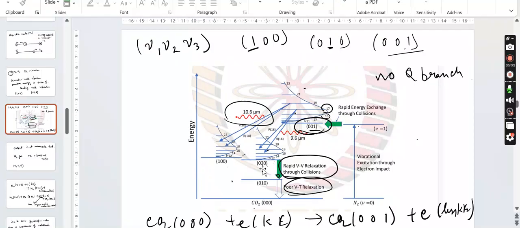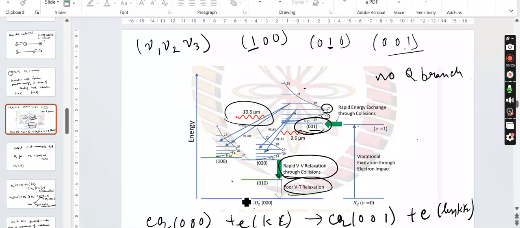In the diagram, the lasing action happens from the upper laser level 001, which has many rotational levels and some selection rules. This level doesn't have even rotational numbers.